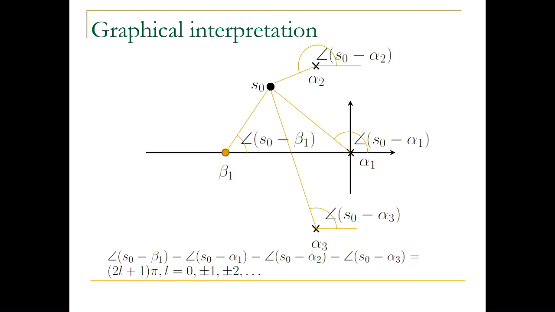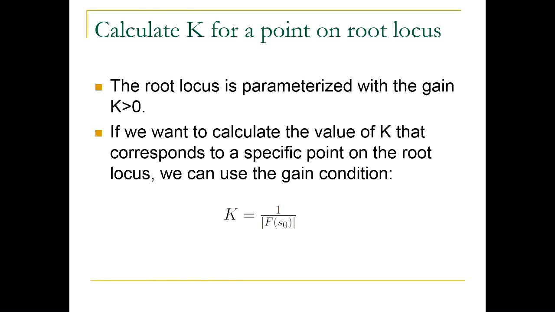If that condition is not satisfied, then the point S0 does not lie on the root locus. That's how you can quickly check the phase condition for any point that you pick in the complex plane. You can check this graphically. So this is all good, and we are just talking about gain and phase conditions. We will use them later for sketching things.